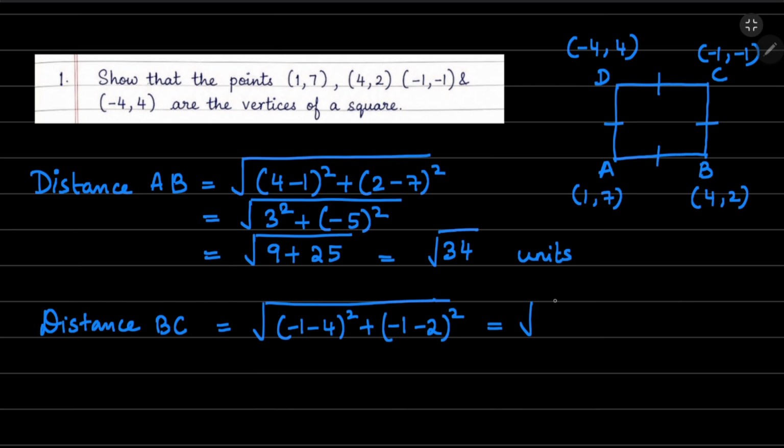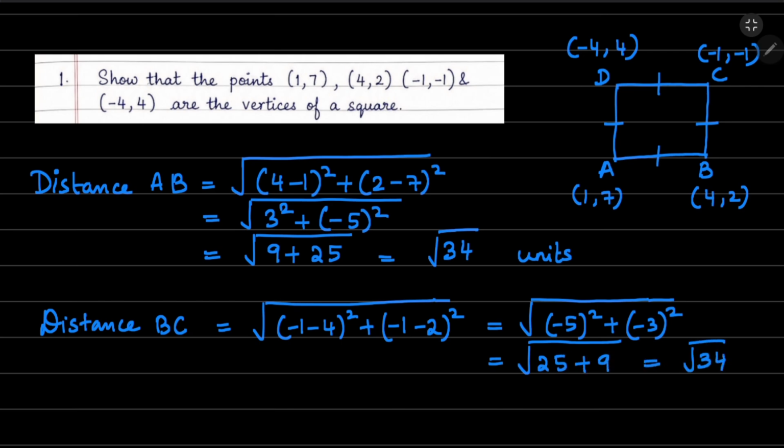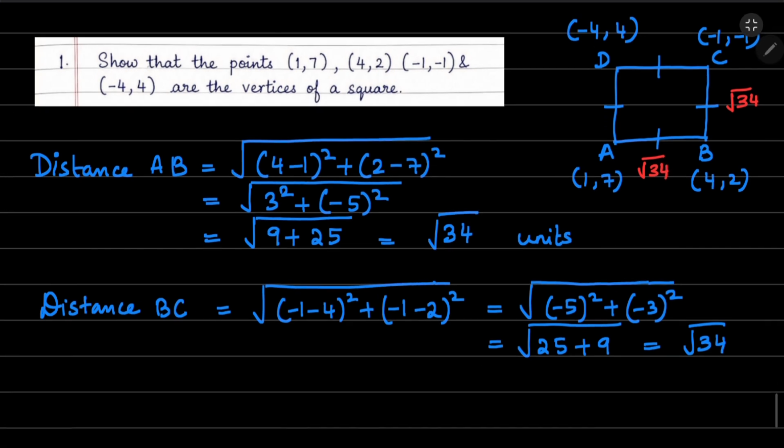So this is equal to square root of minus 5 the whole square plus minus 3 the whole square. So this is equal to root of 25 plus 9, which is again root of 34. So the BC distance is also root of 34. Similarly, we have to prove that the other two sides are also the same.